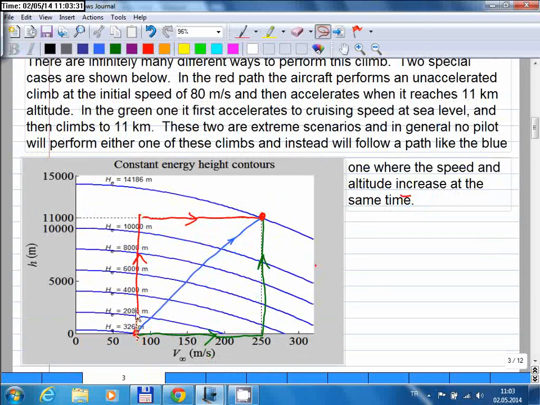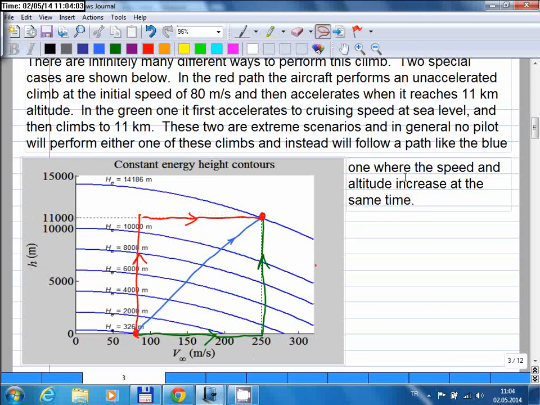So in the first part of the flight, the speed doesn't change, but the altitude changes, and it reaches the final altitude. So there it performs an unaccelerated climb, and then once it reaches the final altitude, it starts accelerating. In the second part of the flight, the altitude doesn't change, but the aircraft accelerates from this speed to this speed. So that's one special case of performing that climb.